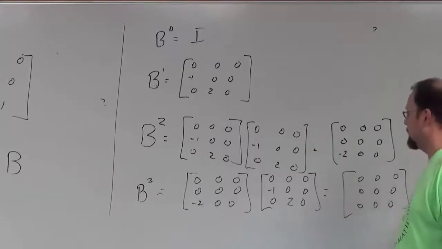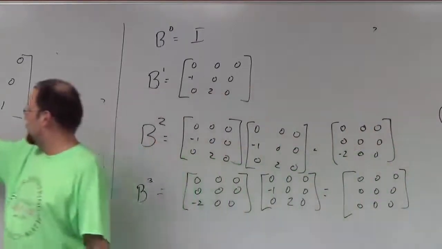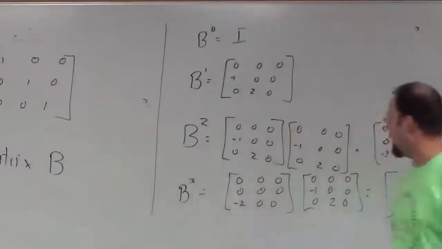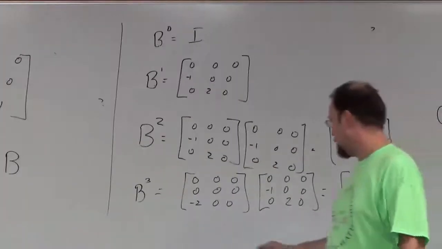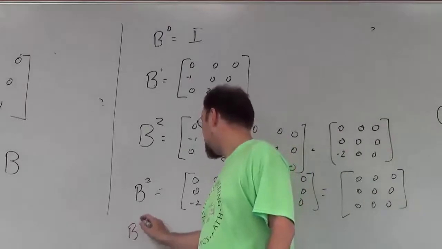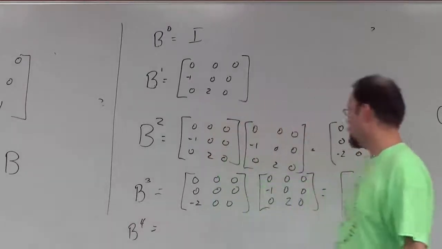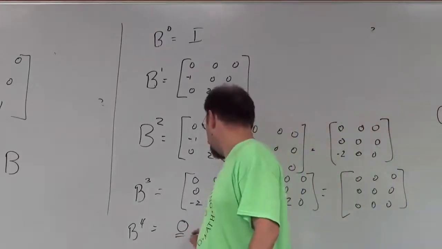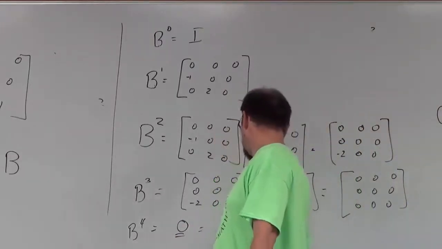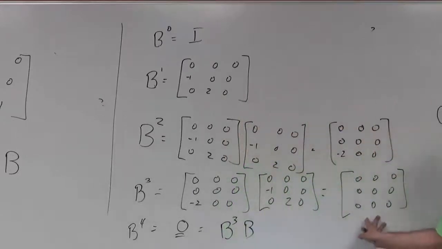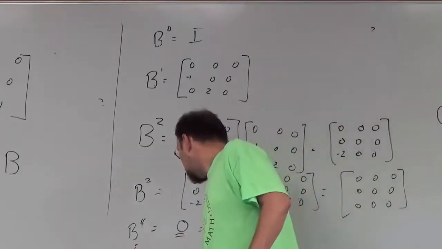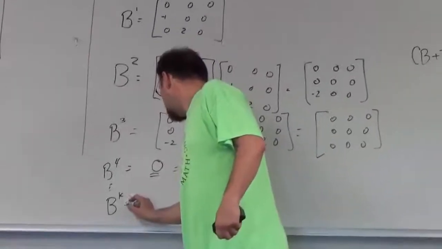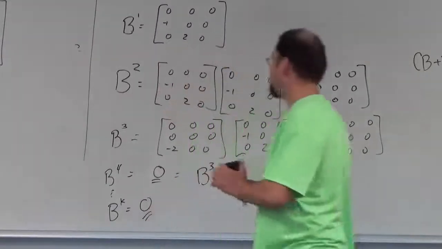So indeed, this matrix is nilpotent because we raised it to a high enough power, we got the zero matrix. And then what would the higher powers of B be? What's B to the fourth? 0, right? Because B to the fourth would be B cubed times B, but B cubed is already the zero matrix. So the zero matrix times anything is the zero matrix. So all the higher powers, powers of 3 and greater, give you the zero matrix.